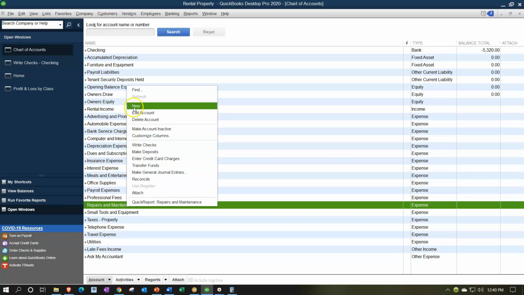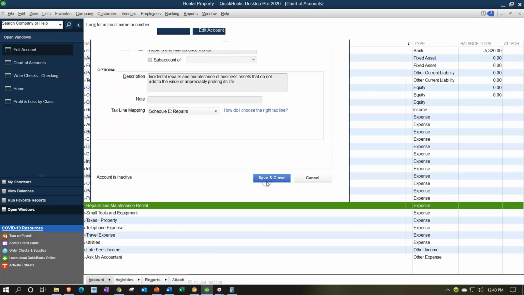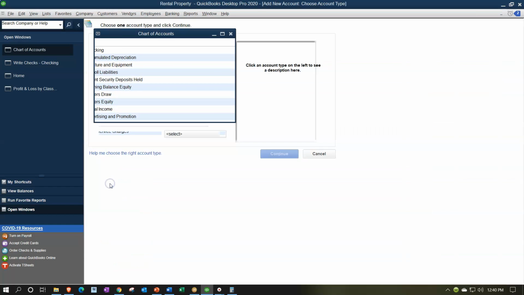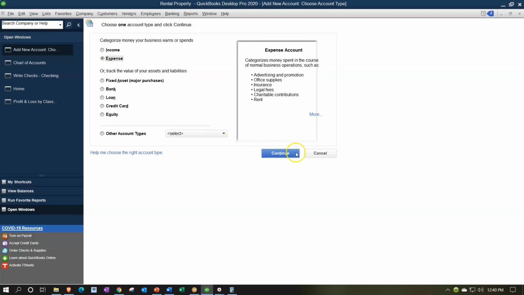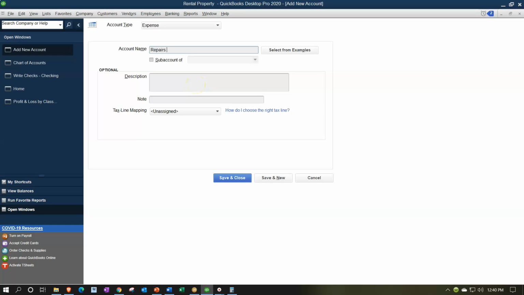So I might say, edit this account, repairs and maintenance, rental, and then you might do another one and say new account, and I might say, I need a repairs and maintenance, entire property, or let's say general. So we might say that, save it and close it.